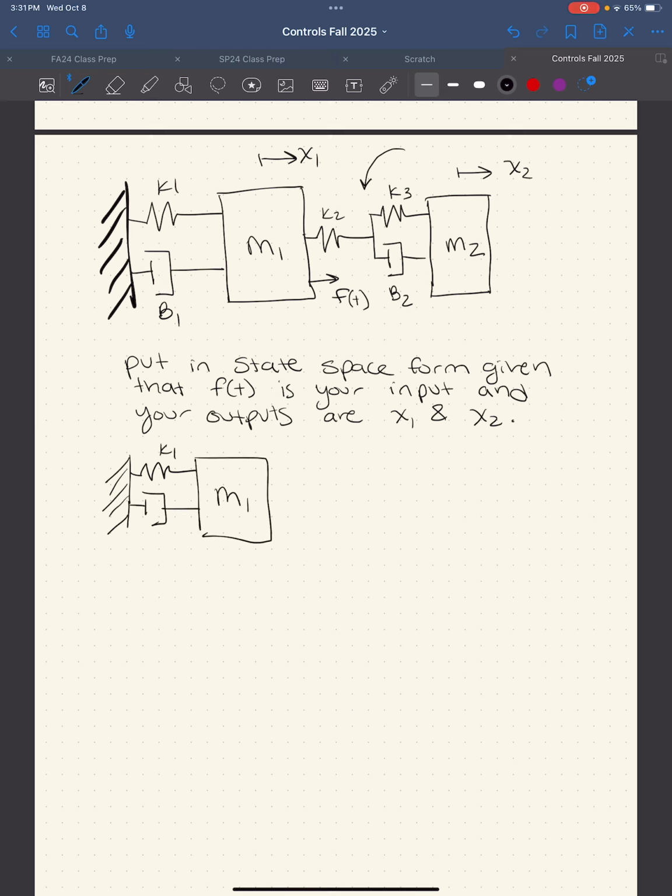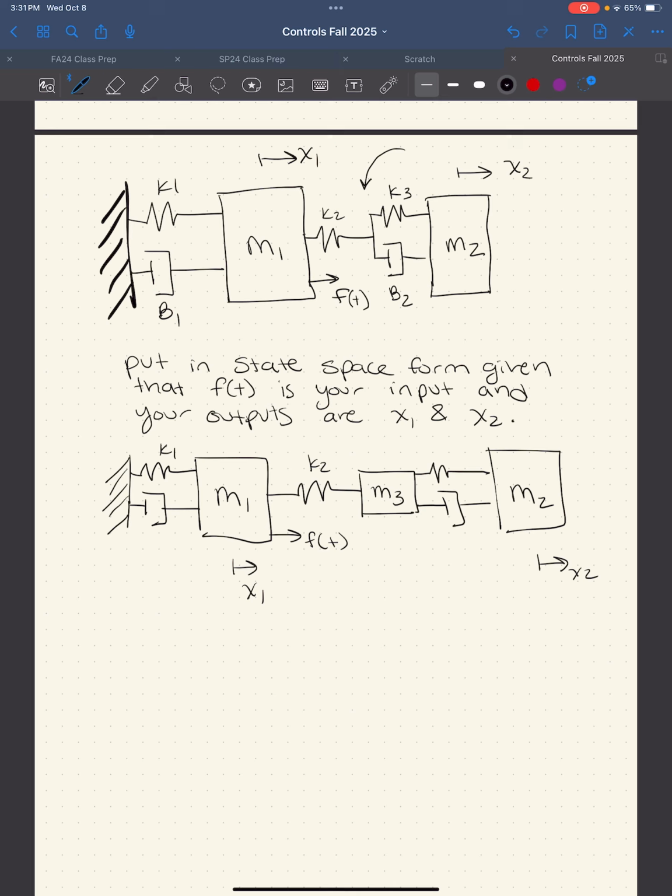So M1 stays the same. K2 stays the same, but now I'm going to put this extra mass here. I'll call it M3, and that will be between these connection points here. M2, this is X2, this is X1.